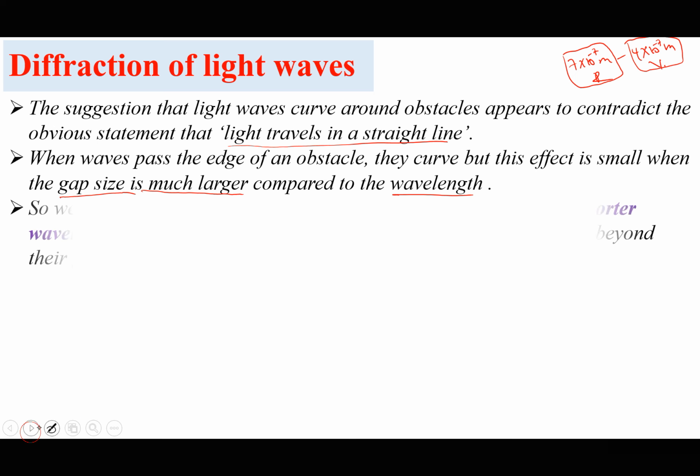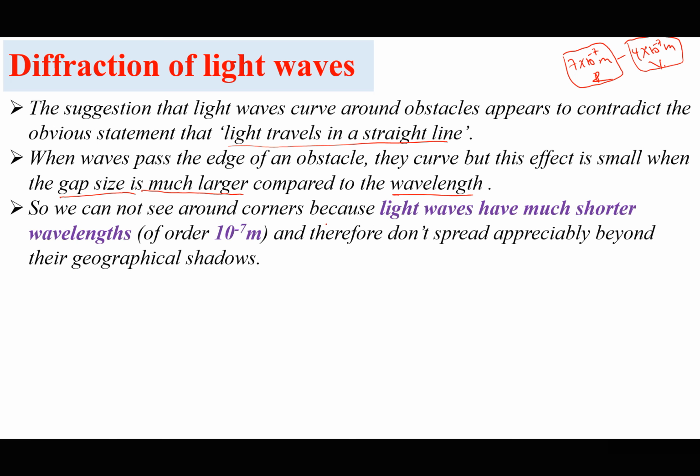So we cannot see around corners because light waves have a much shorter wavelength. The wavelength of light is of the order 10 to the power of negative 7 meters, and therefore light does not spread appreciably beyond their geometrical shadows.